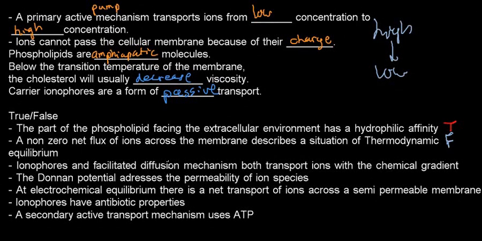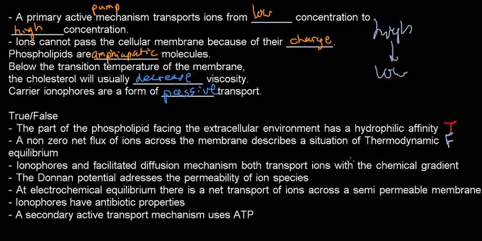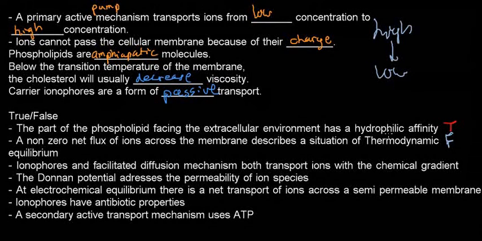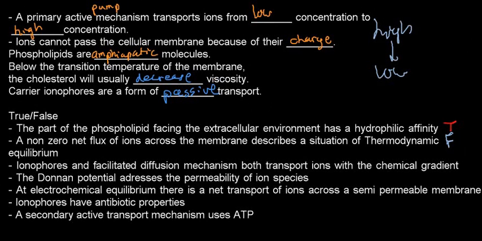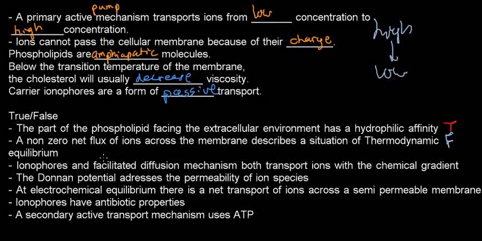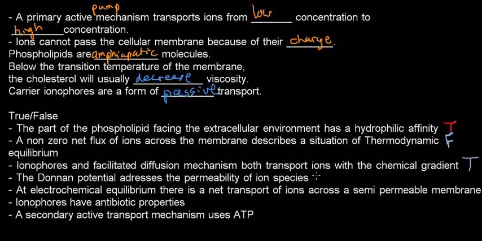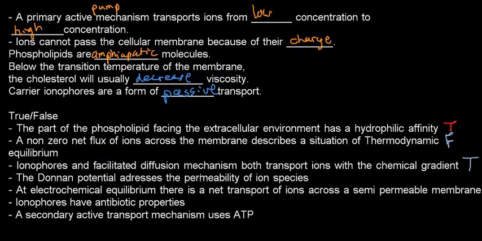When you think about it, the only form of transport that transports against the chemical gradient is active, and we're not really talking about active, because facilitated is a form of passive. So I would say this is true. Both ionophores and facilitated diffusion are with the chemical gradient.